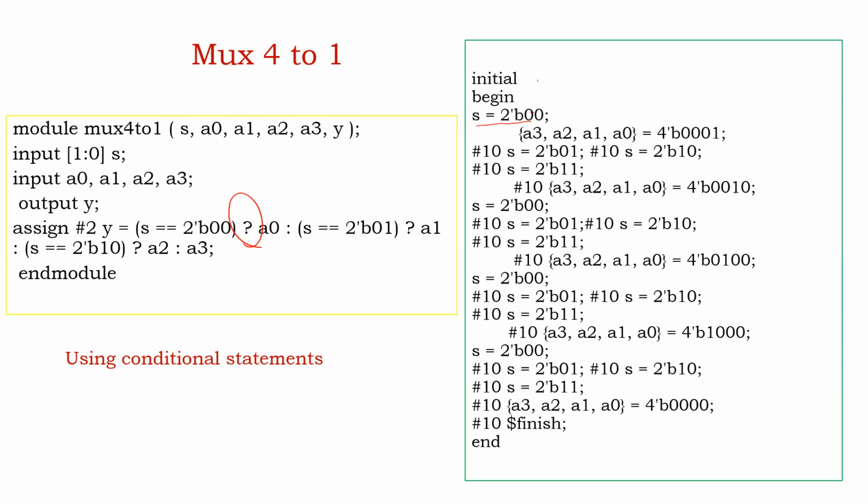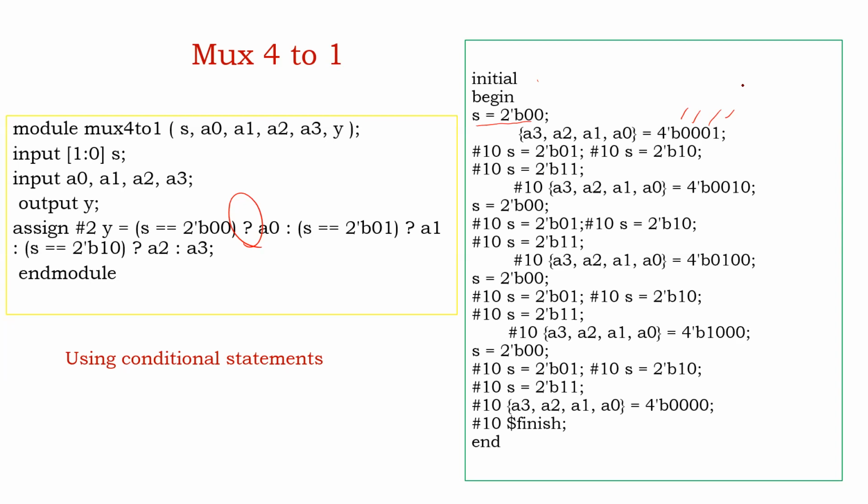Then the concatenation of all inputs is equal to 0 0 0 1. First, S is assigned 0 0, so the select lines are 0 0. Now all the input values must also be specified, so the input values are concatenated as 0 0 0 1.